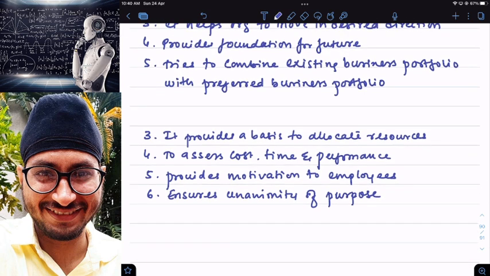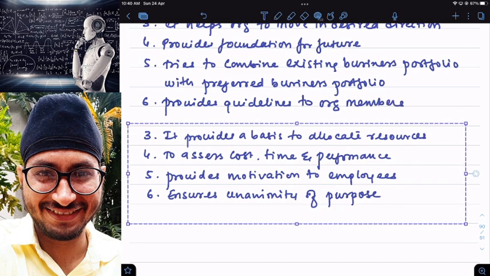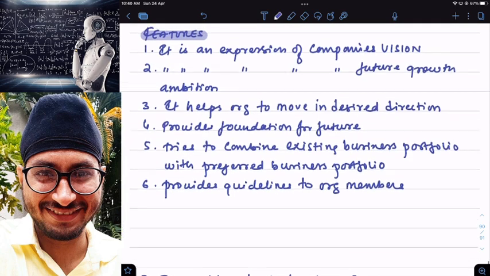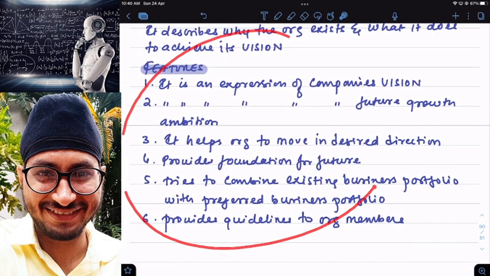Next, it provides guidelines to organization members. What guidelines, sir? What is to be done and what is not to be done to achieve your mission, vision, objectives, and goals. So these are some features of mission.